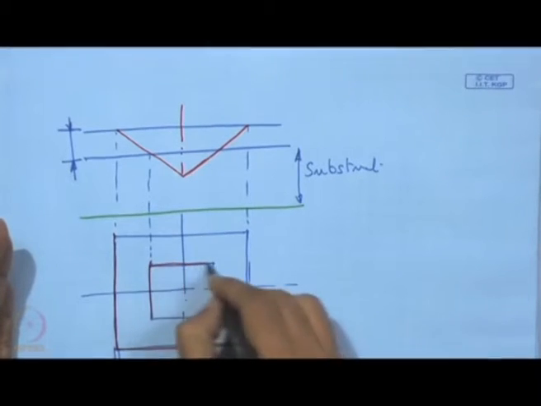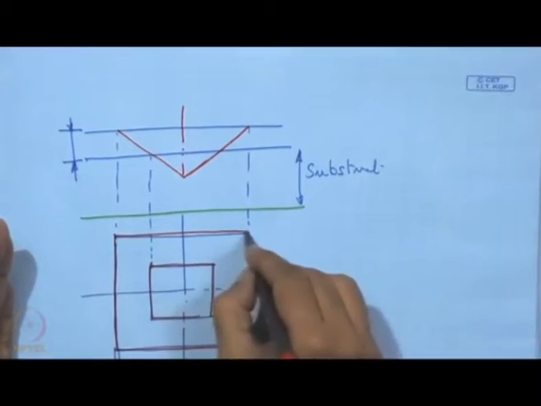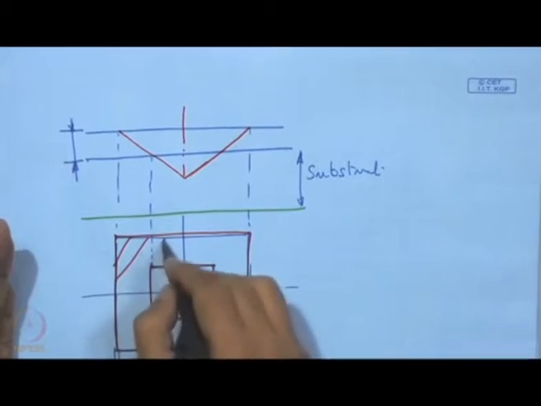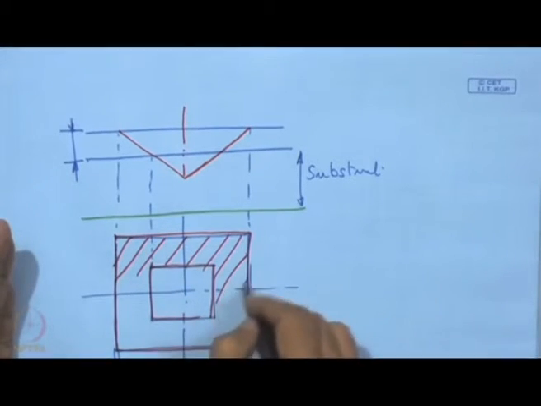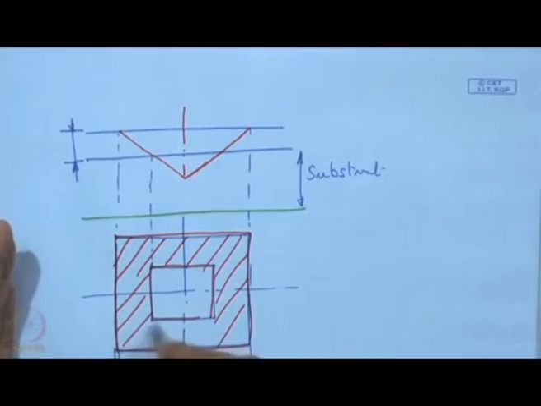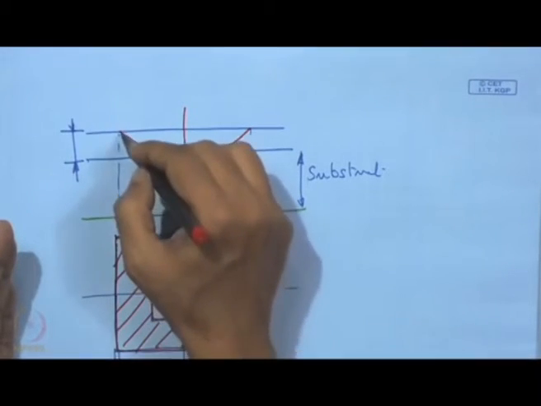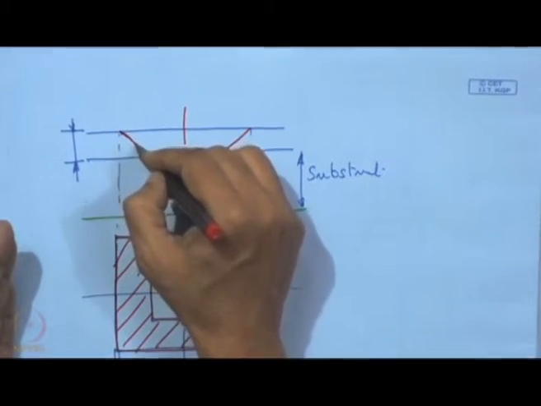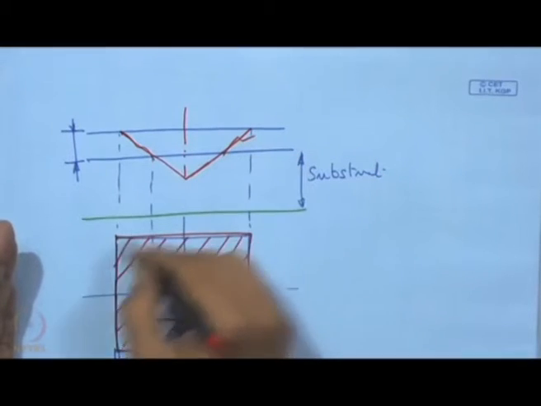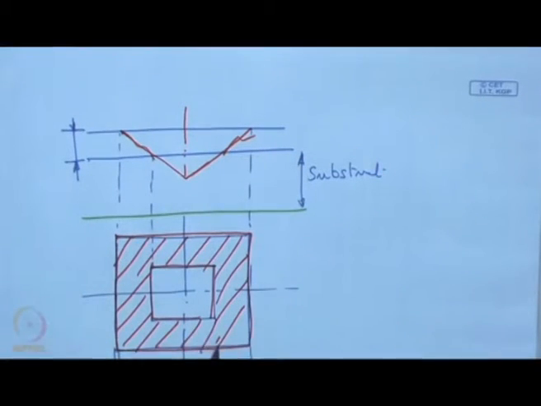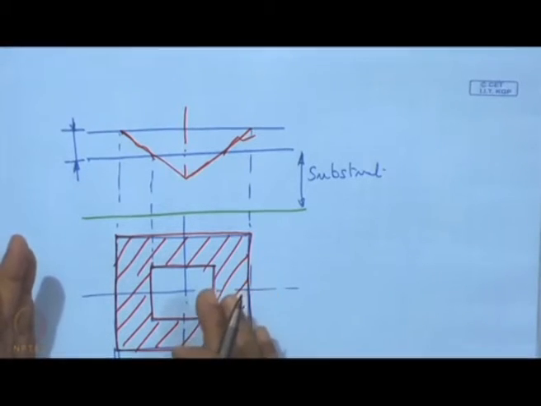which is illustrated by this hatch mark, that is the slant area, and this is actually this zone from this point to this point. So, this is just like a peripheral area, which is the area provided by the coating.